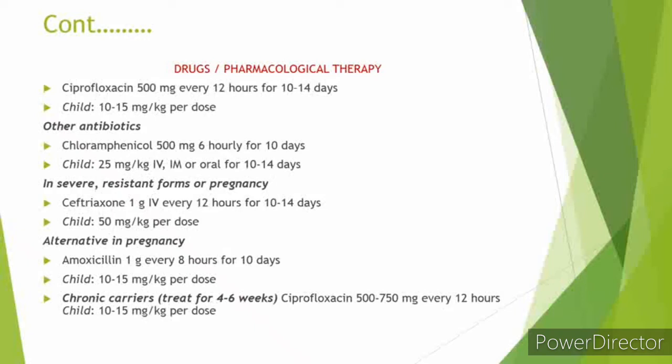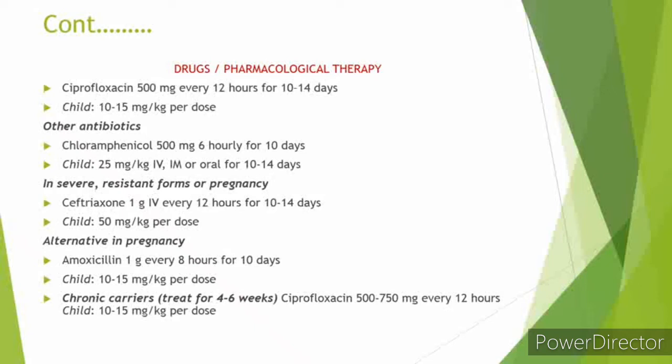Then we can also use chloramphenicol 500 milligrams 6 hourly for 10 days. Then in children, 25 milligrams per kg body weight. We can give it IV, IM, or oral for 10 to 14 days. But remember, ciprofloxacin is not recommended for children. Chloramphenicol is also not recommended for children because it causes bone marrow suppression.